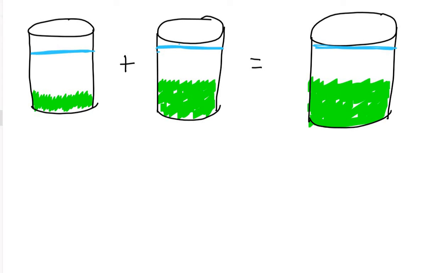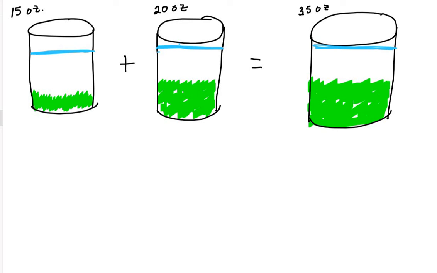All right, in my first beaker here, let's say that this beaker contains a total of 15 ounces of solution. The second beaker is going to contain a total of 20 ounces of solution. So that means over here I've got a total of 35 ounces of solution.